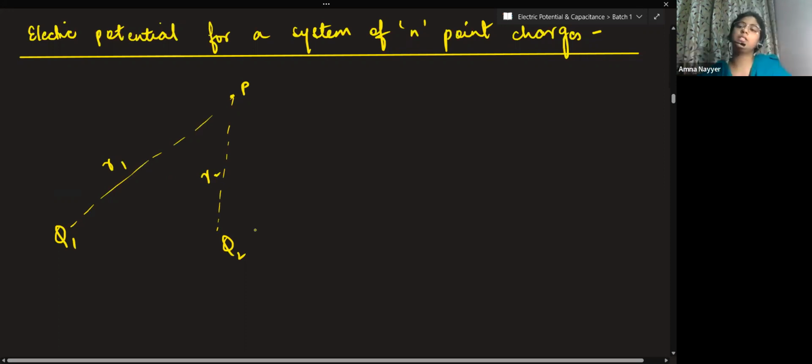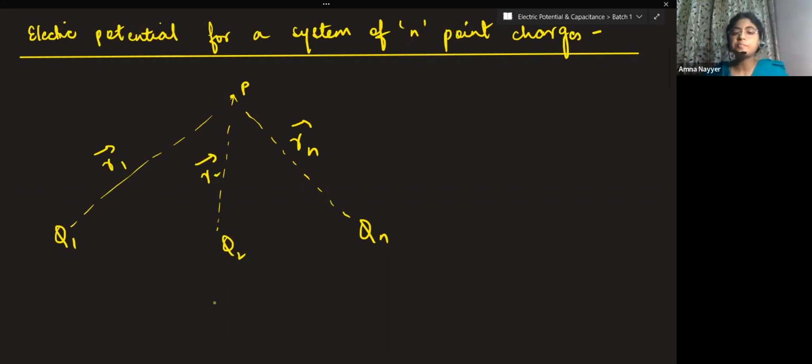Similarly, I don't know how many charges are present, but let's say n number of charges are present, with Qn at separation Rn from this point. So you have n number of charges with n number of separations from the point.